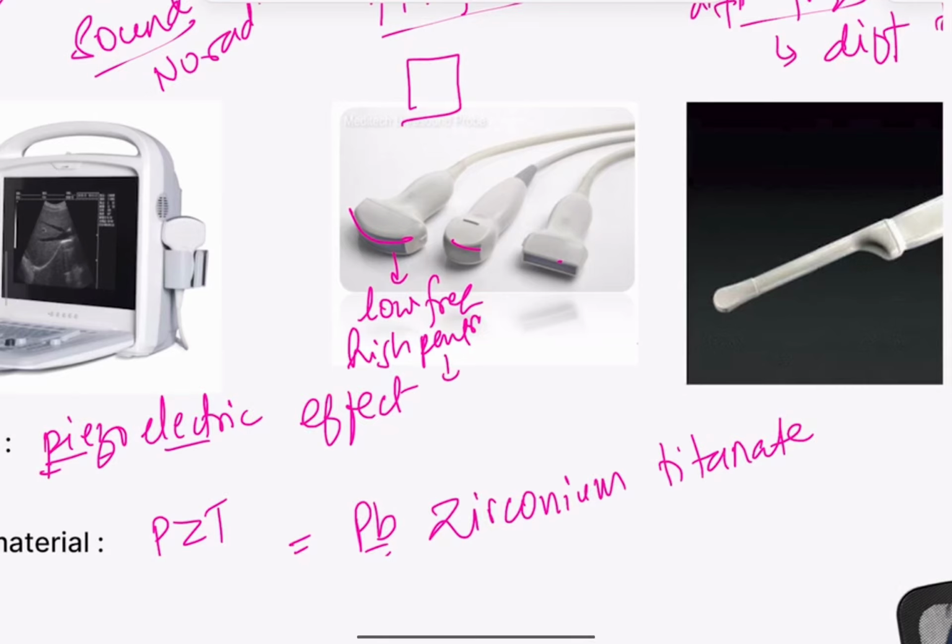So they are used for deeper ultrasound like USG abdomen, obstetric ultrasound. Flat ones, the linear probes, they have high frequency, low penetration. So they are used for superficial organs like USG breast, USG thyroid, USG scrotum.